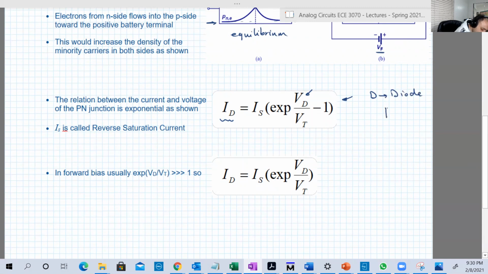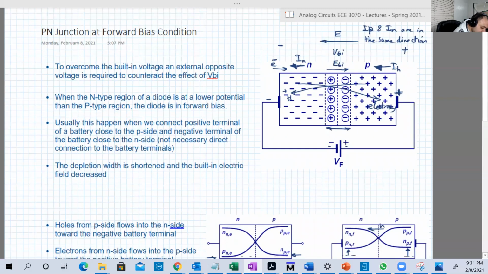And this is the symbol for the diode. It's an easy symbol. This bar here is for N, and this triangle is for P. And this direction, the ID direction, if we look here, IH is in that way, and IN is also in that way.